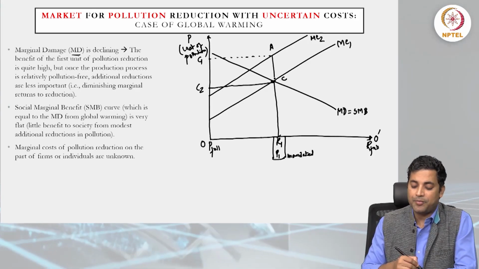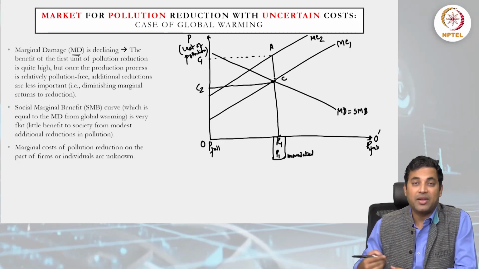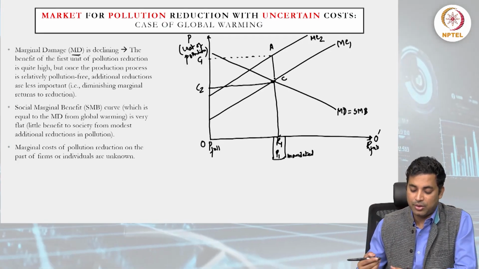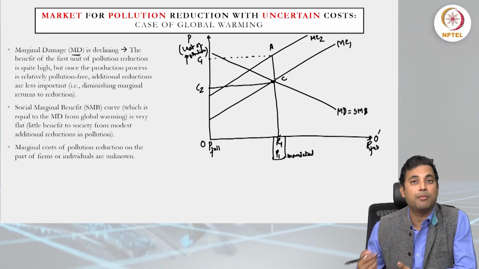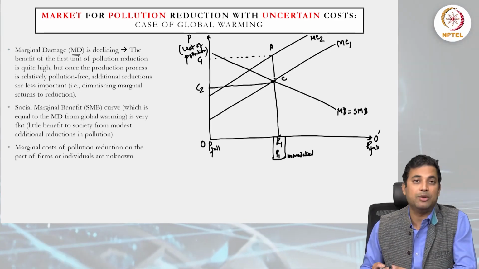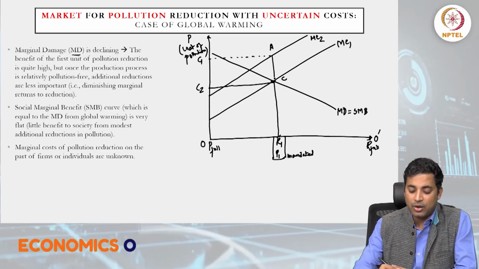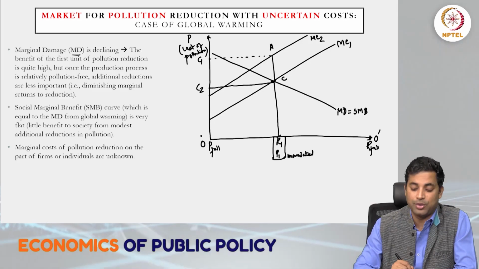But when marginal cost is increased for maintaining that mandated level of OR1 amount of pollution reduction, then certainly OC1 amount is much higher than OC2 amount.